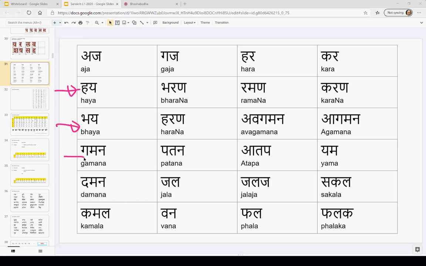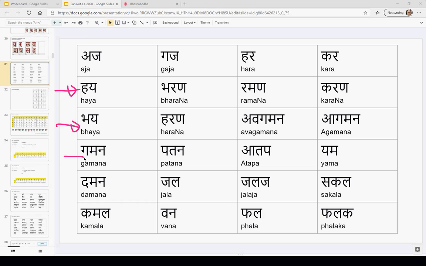Maybe if you know, you can also tell their meanings, just for general understanding, for the benefit of everyone. Bhaya means fear. Harana is taking away.